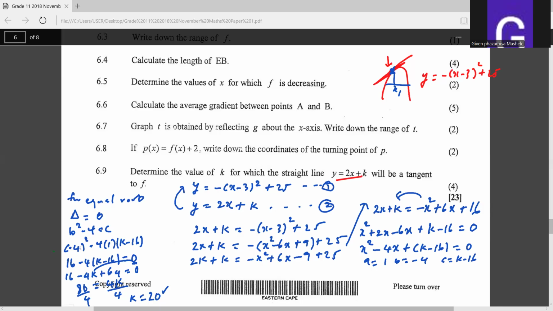Functions and graph has a lot of marks. So you need to be able to understand that. I believe you're following.